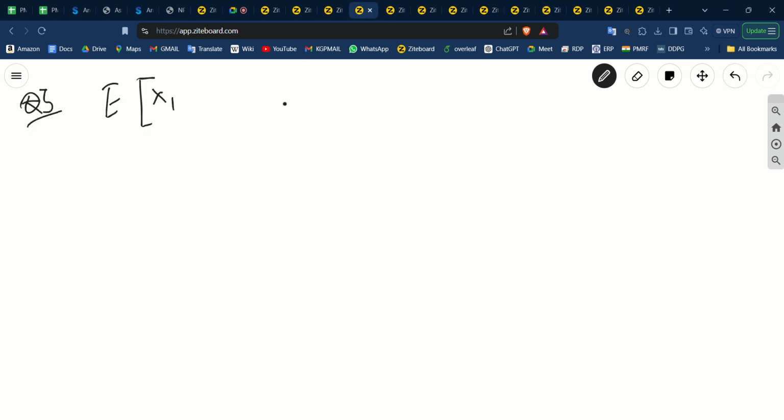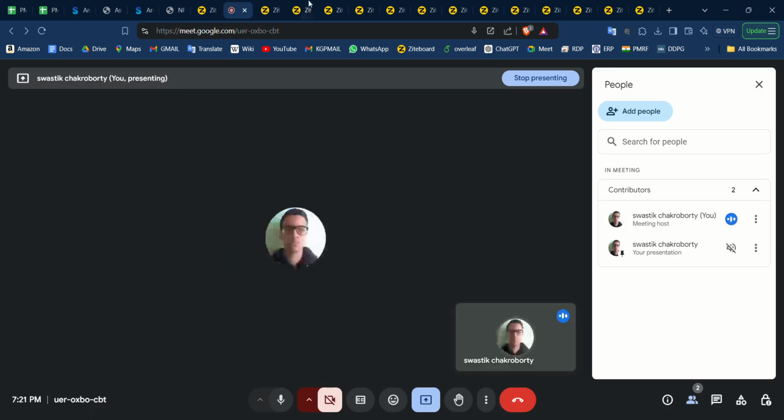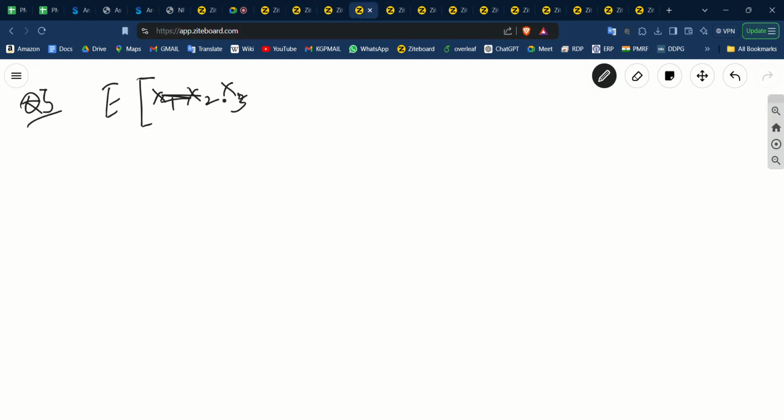So the intersection mean x1, x2, x3 is the mean value of g(x1, x2, x3). Sorry, it should be written not like this, but rather as g(x1, x2, x3). It's a matter of representation, and this will be equal to the expectation of that big expression.